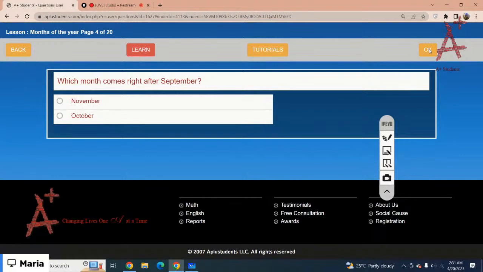So which is right after September? Right after September, it would be October. Got it?